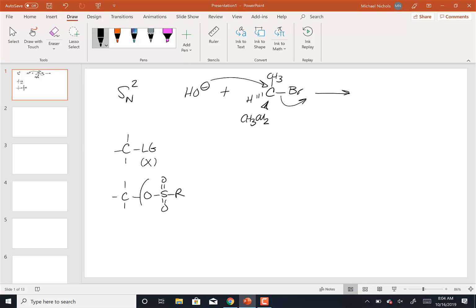That also would be a good leaving group. It would actually be better than a halogen, but right now we're just going to deal with halogens. So that's how we know. At this point, halogens are going to be the ones that leave, whether it's chloride, bromide, or iodide. We don't do much with fluorine.